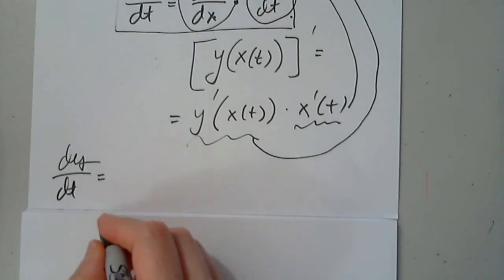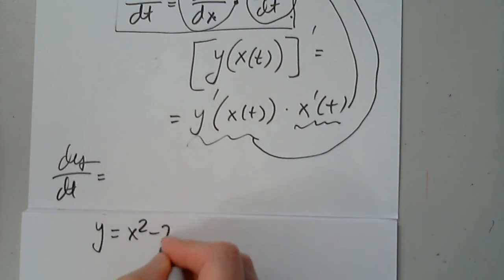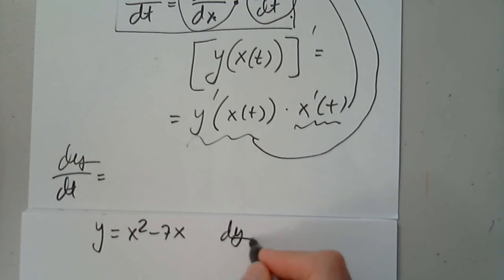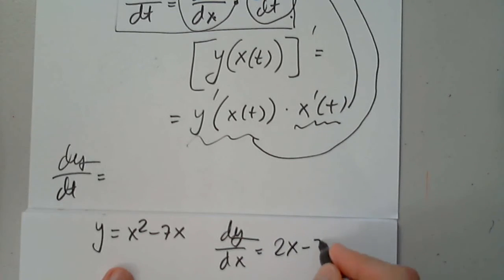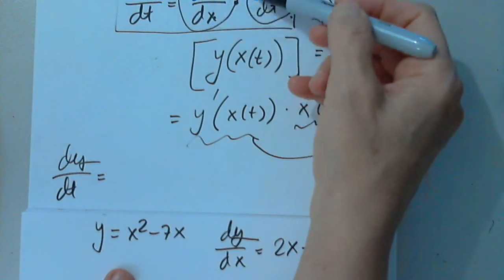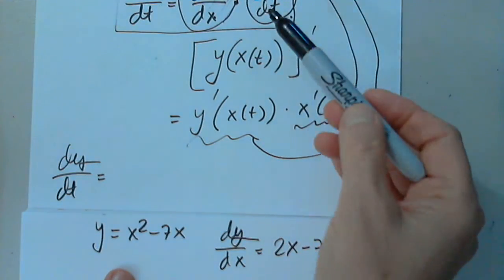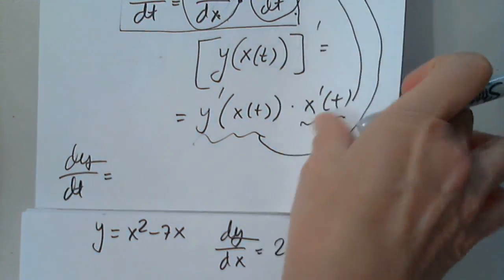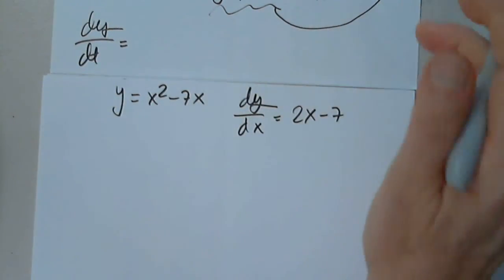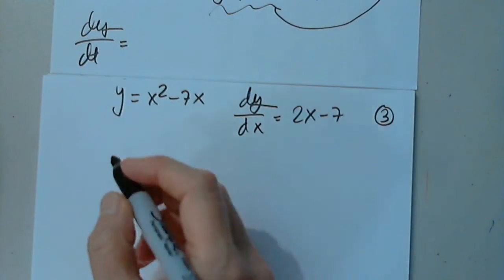So let me write here one more time. Y equals x squared minus 7x. So then dy with respect to x is no problem, 2x minus 7. So this is this piece. Now we want to find dx over dt. I'm going to write x again.